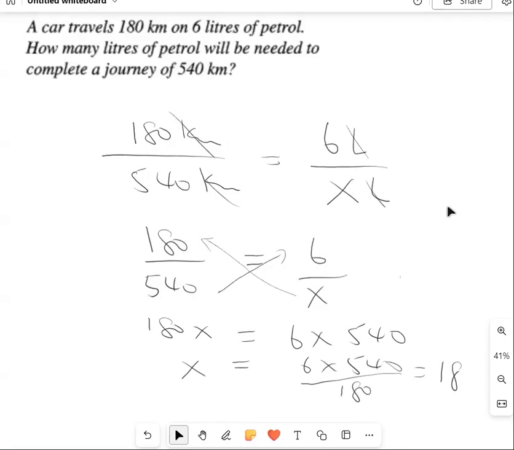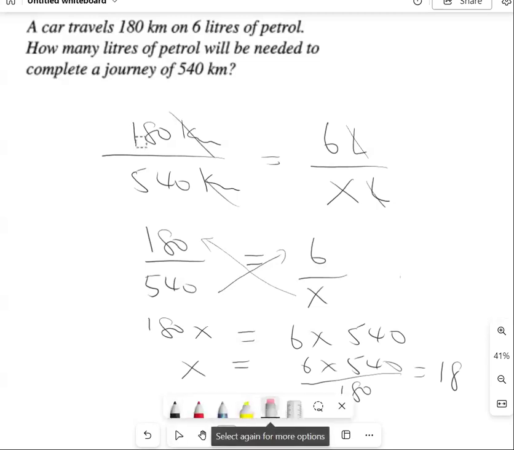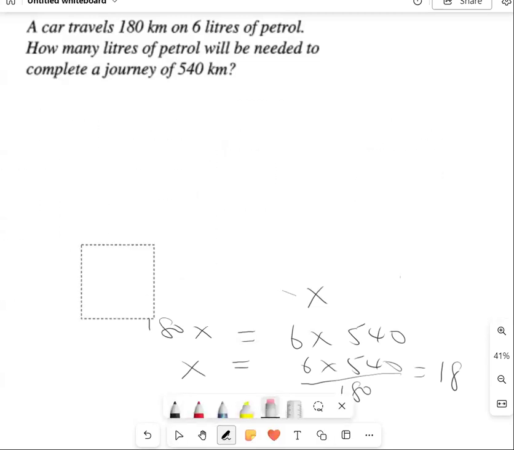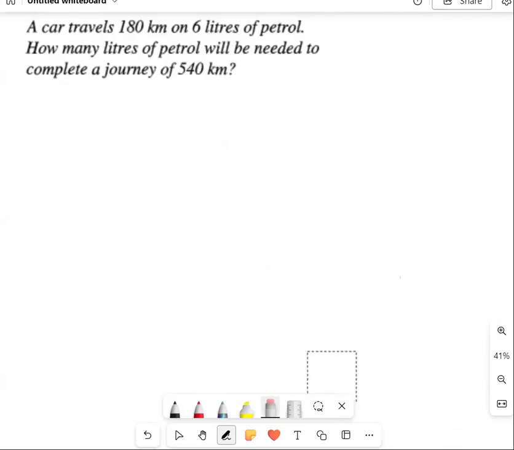So let's take that one. Before I go into the actual solution, I want to show you a little bit of algebra, right?